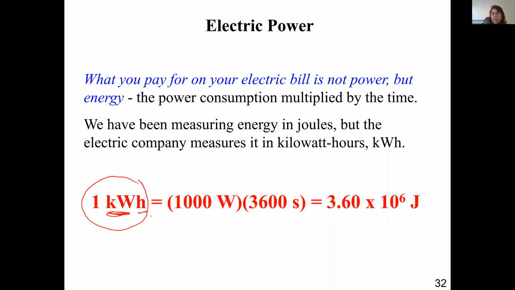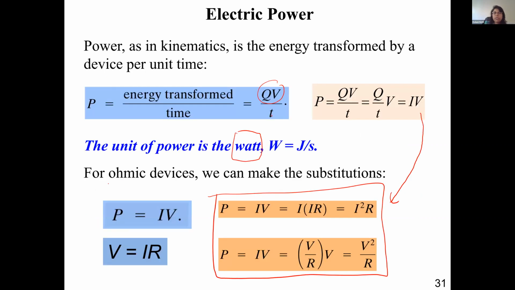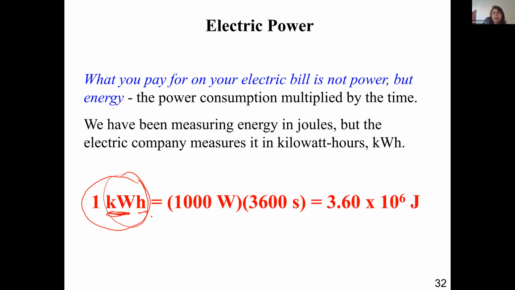Power times time is the one that you are paying. Power times time, if you go into here, you will see it is energy. You're just going to do cross multiplication. That means you are paying for energy, not power. We are paying for the kilowatt hours. That means you are paying for joules, basically. Okay.